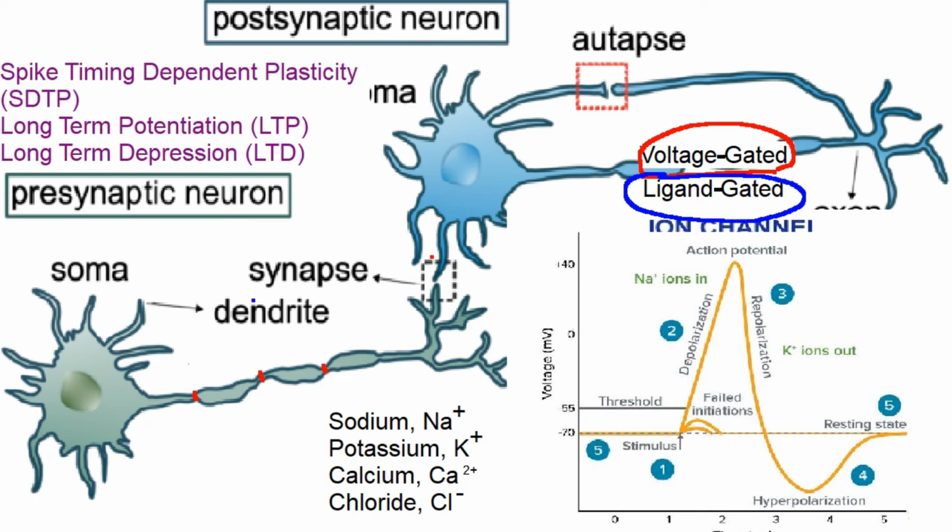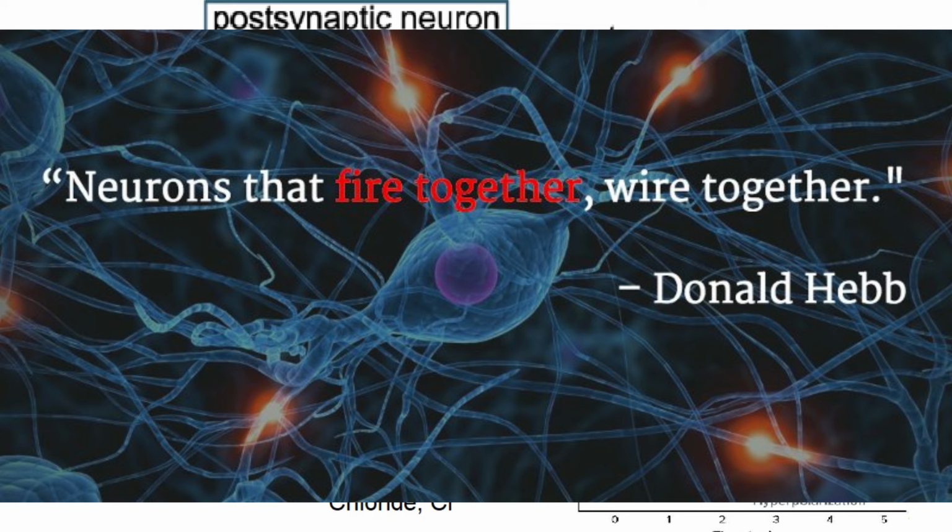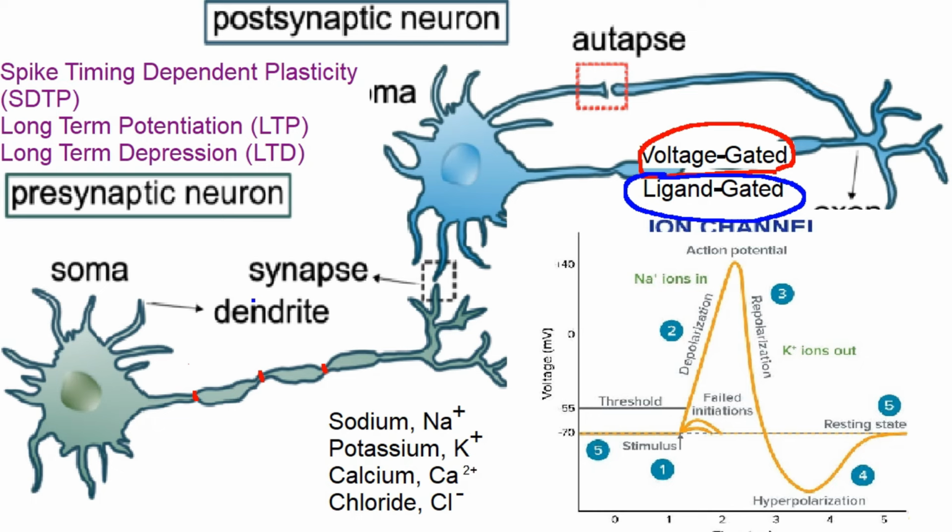But what you need to know is that it was studied by Donald Hebb, or it's also called Hebbian theory. The two phrases that are super important in spike timing dependent plasticity are: neurons that fire together, wire together, and neurons that fire out of sync, lose their link.